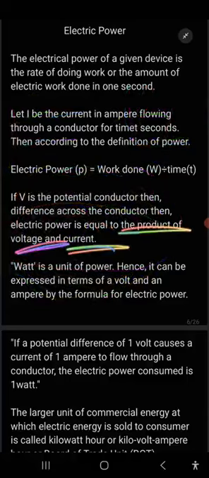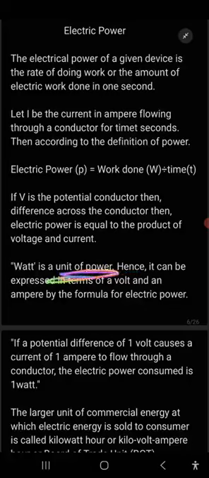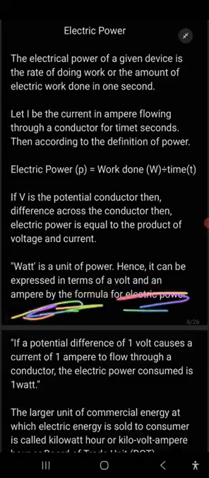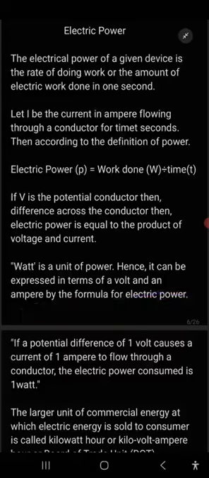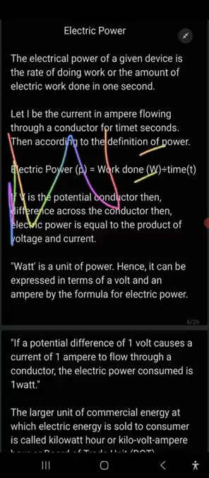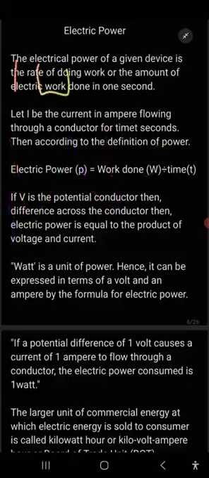What is the unit of power? It can be expressed in terms of volt and ampere. So how do we do that? 1 W can be written as 1 volt into 1 ampere.